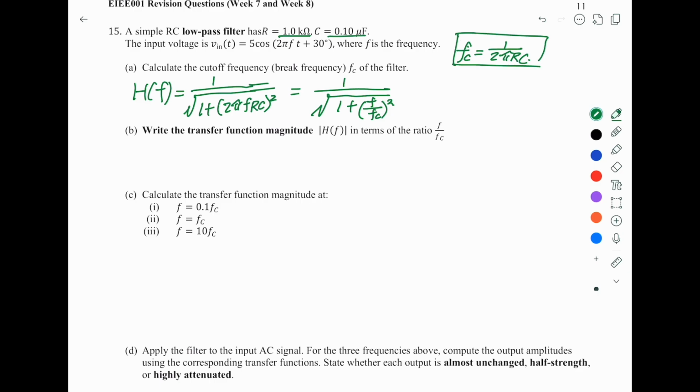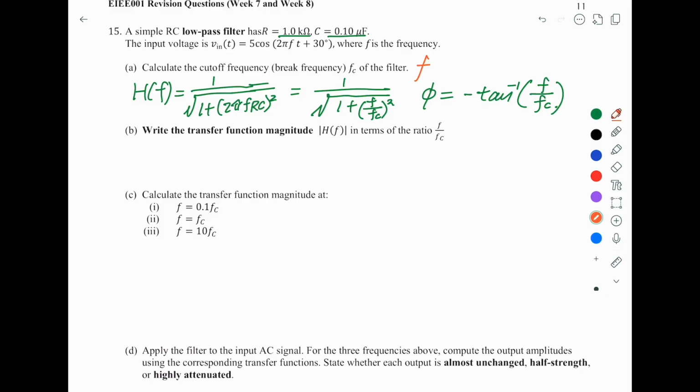The phase can also be written similarly, as minus tangent inverse of F over the cutoff frequency. The cutoff frequency is equal to 1 over 2 pi RC. If you plug the numbers in, you will get a cutoff frequency of 1.59 times 10 to the power 3 Hertz.